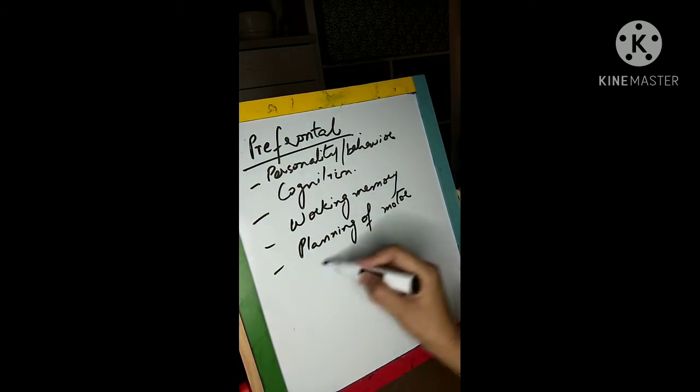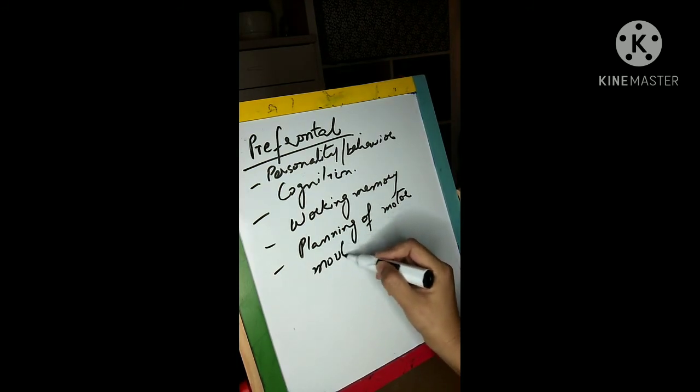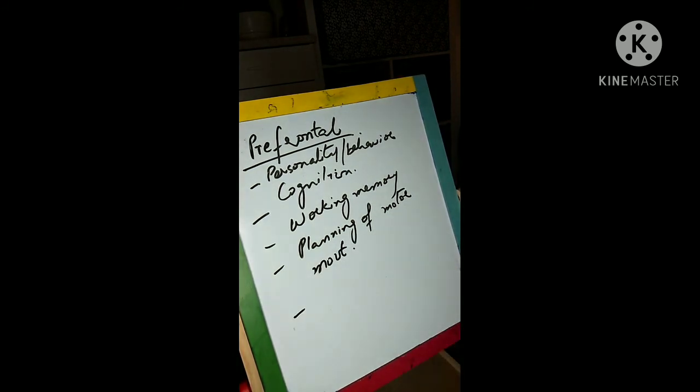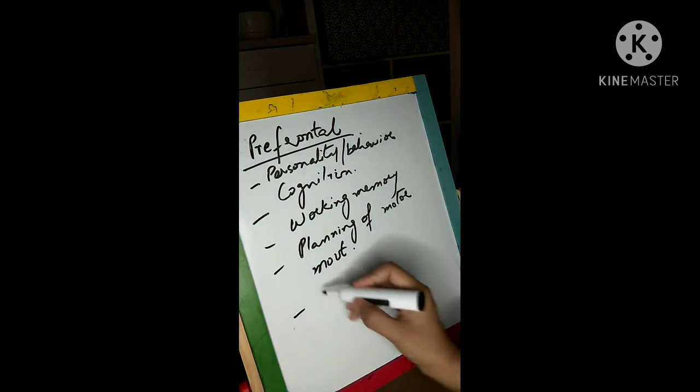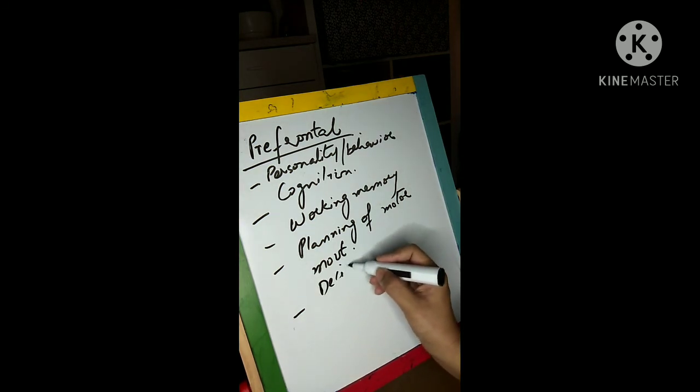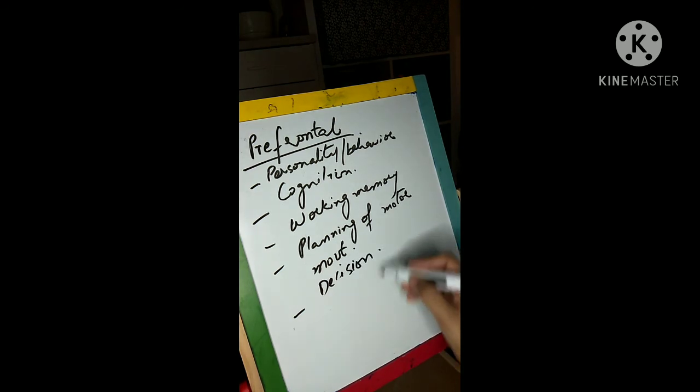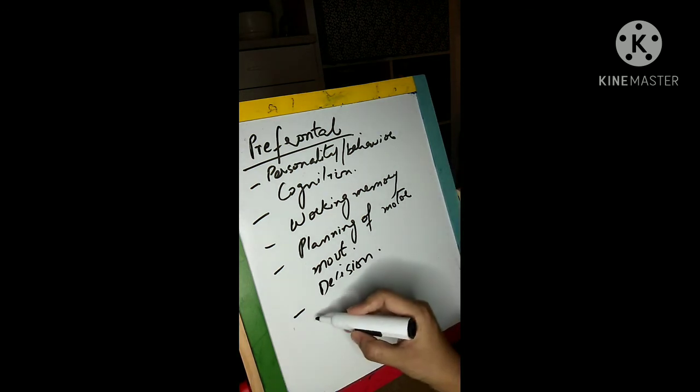And for that, it has connections with the limbic system, the hippocampus, the ventral tegmental area, and some association areas in the parietal lobes, so that it can function. So prefrontal cortex has a diverse variety of functions.